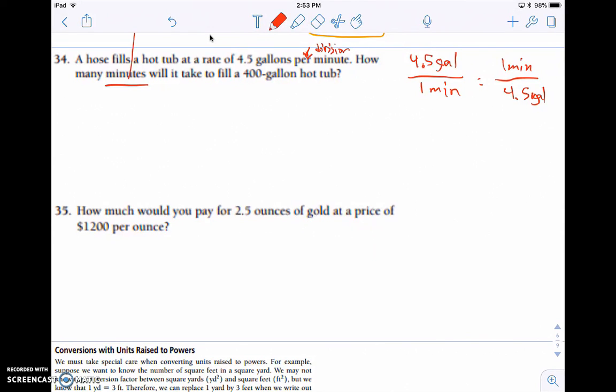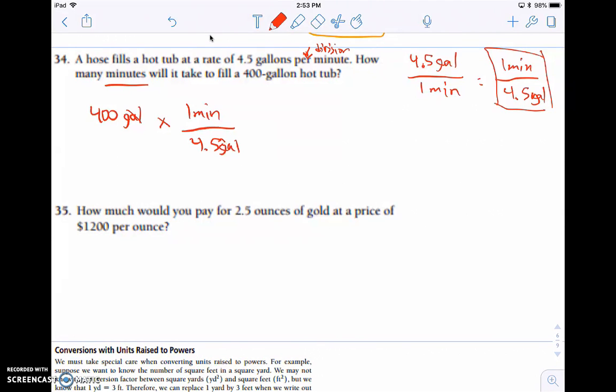So we've got a 400-gallon hot tub. And what we're going to do is determine what conversion factor we need to use. Well, we want to cancel out the gallons, so we're going to be using this fraction here. So 400 gallons times 1 minute for every 4.5 gallons.